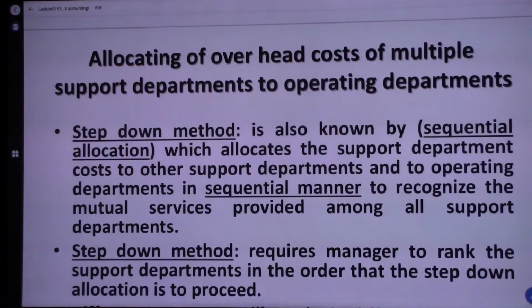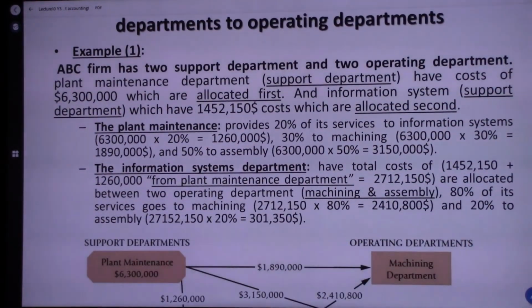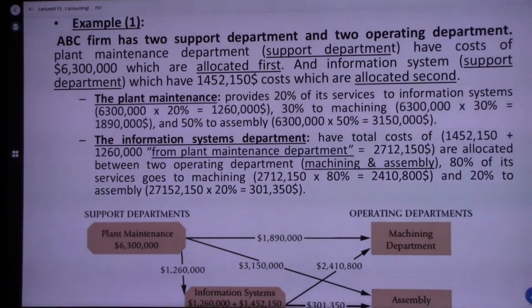We have introduced 3 examples about the cost allocation method, and I have to state in the example, for you to be able to solve it, which department is going to be allocated first and the allocation base, the ratios used in allocation.